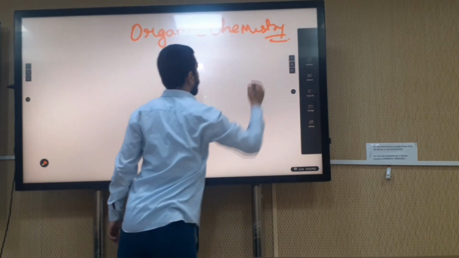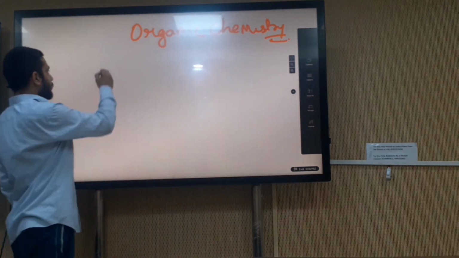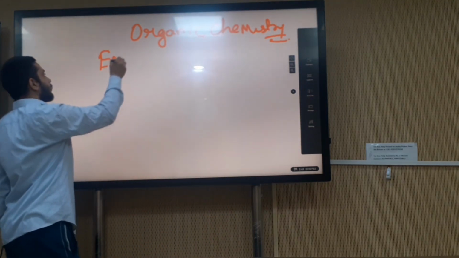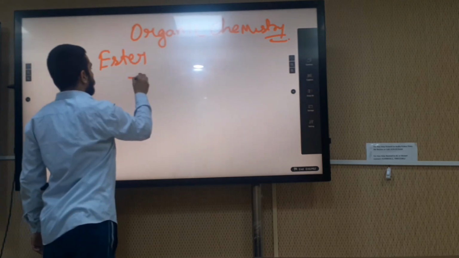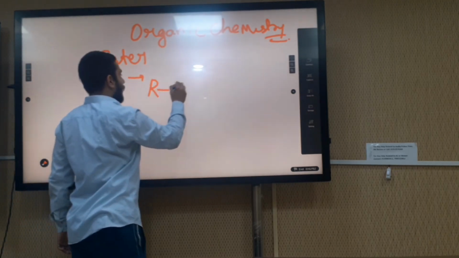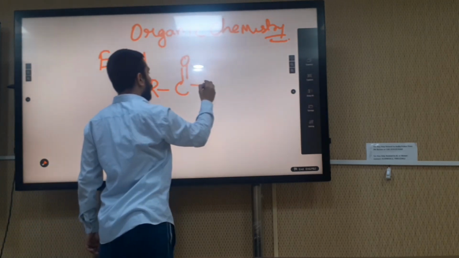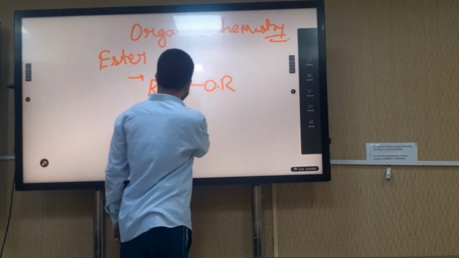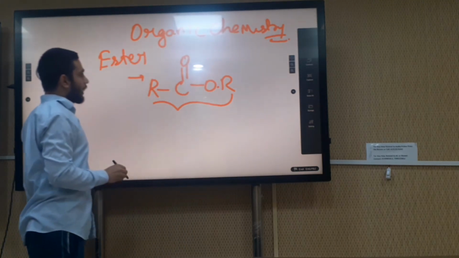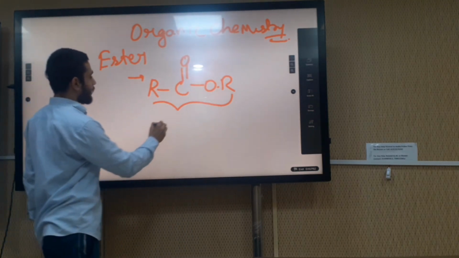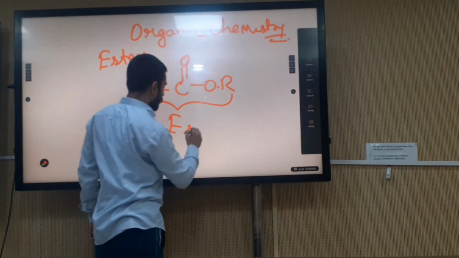So what is the formula of the ester? The formula is RCOOR. If you find a structure like RCOOR, you can say that this is an ester.